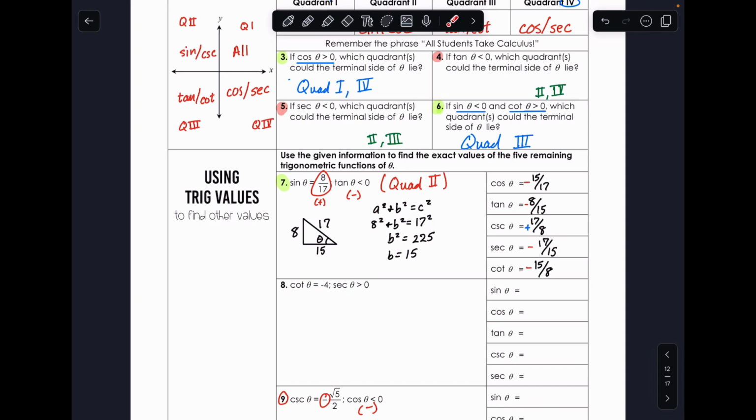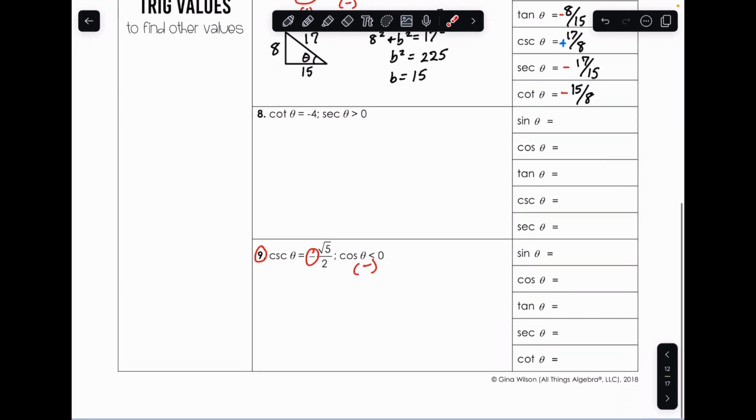Cosine is negative everywhere except for quadrants 1 and 4, so we have to get rid of those. When is cosecant negative? Not in quadrant 2, because that's when it's positive, so we're left with quadrant 3.